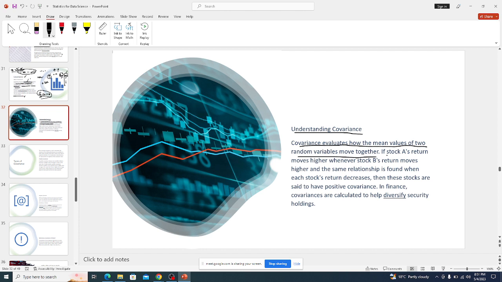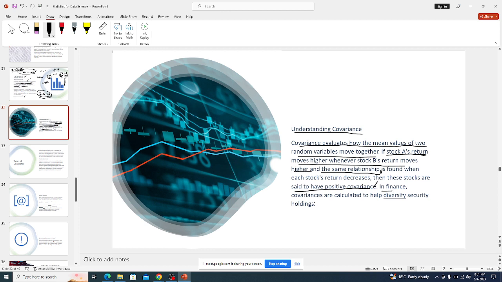For example, if stock A returns move higher whenever stock B returns move higher, then we have the same relationship. And in case one stock reduces, then the other one will also decrease. In that case we usually say that they have a positive covariance.